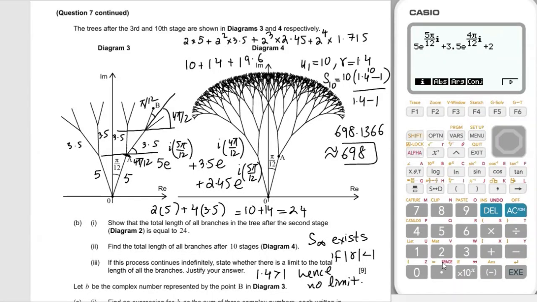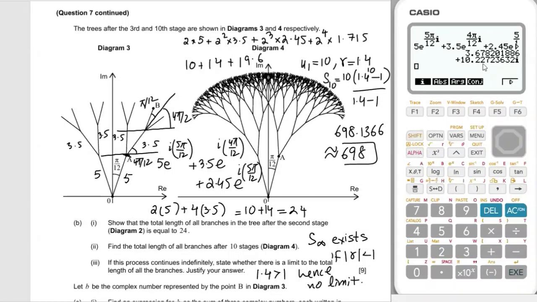So the last one is 2.45. Let's put a Shift e to the power, and again it's 5π over 12, and i. Okay, now if I execute, I'll get my answer straight away.